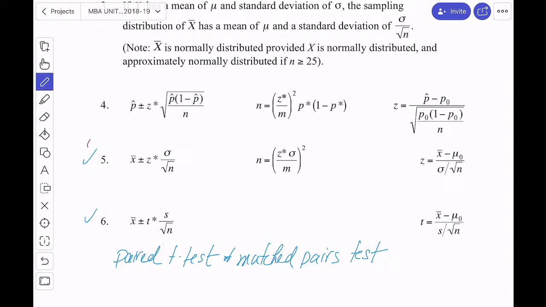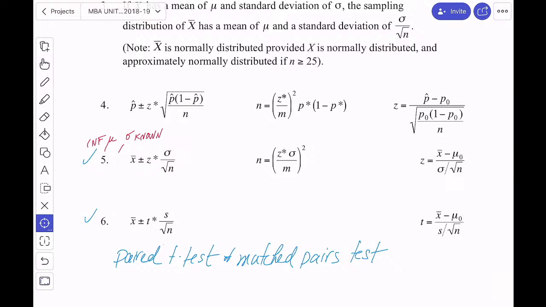So this is inference on the mean. This is like you don't know the population mean, but somehow you know the population standard deviation. If that's true, you can use these results. This is for the confidence interval, this is for sample size estimation, and this is for hypothesis testing.